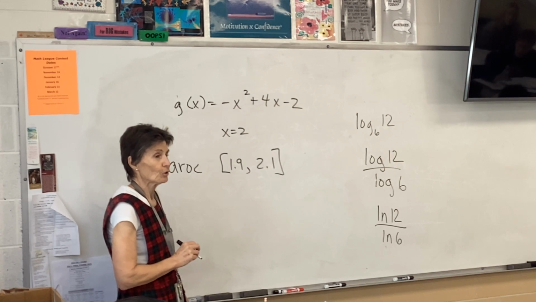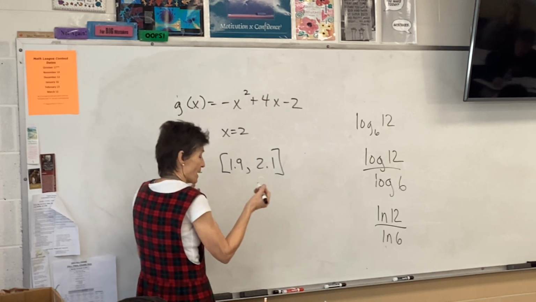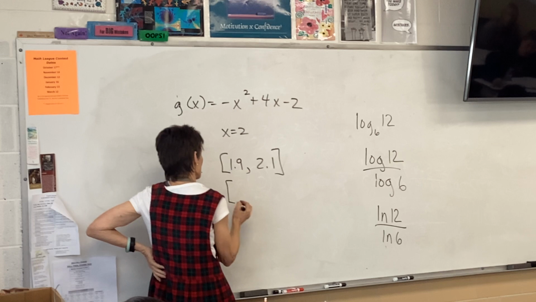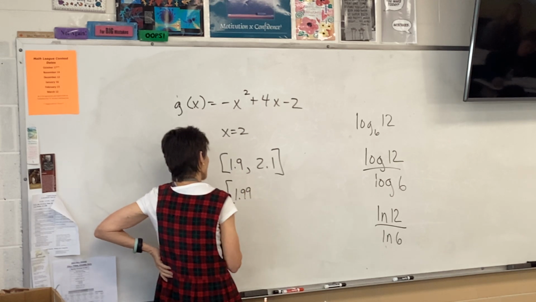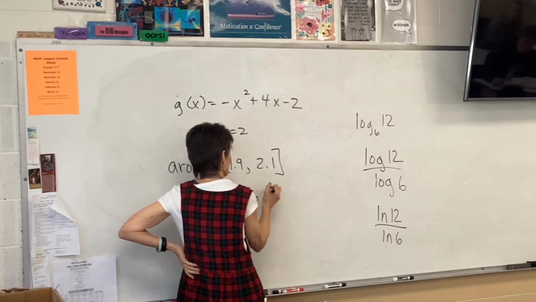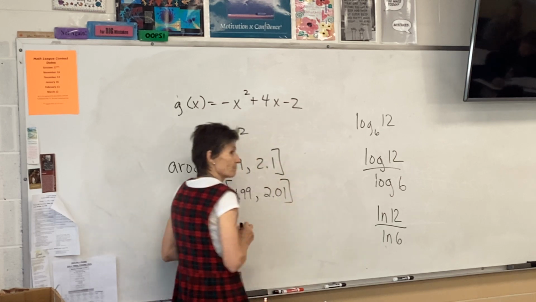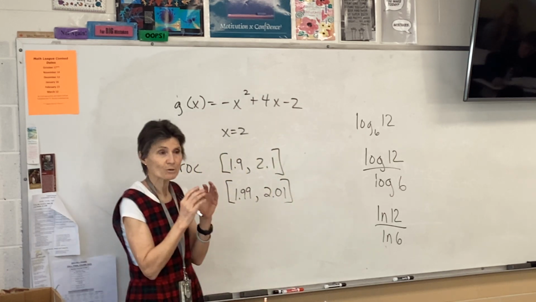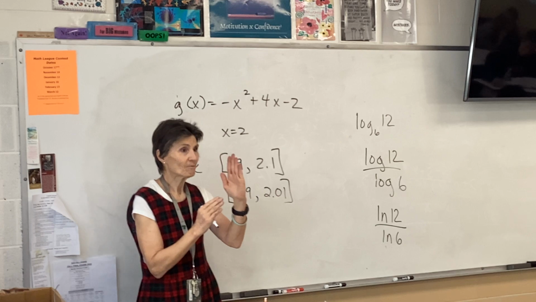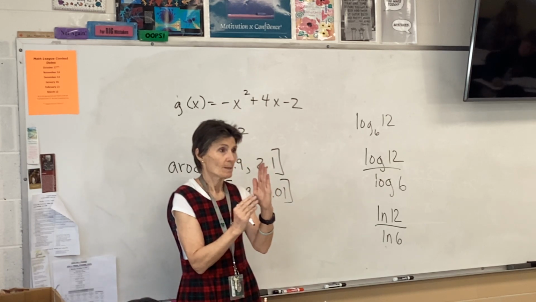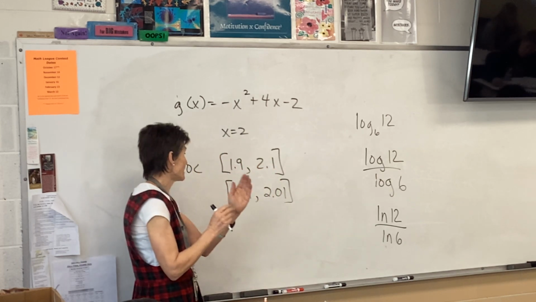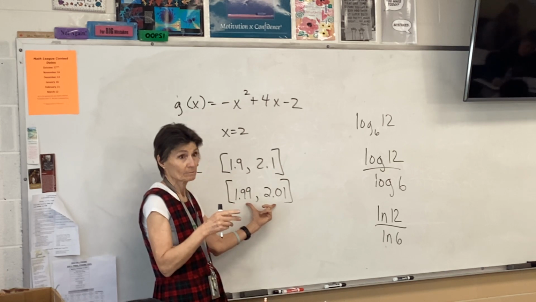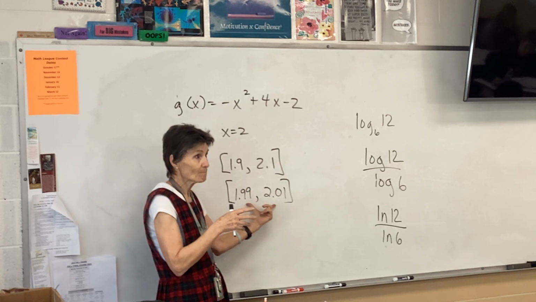Yep. Could you also find the average rate of change on the interval from 1.99 to 2.01? In other words, you see what I'm doing? I want to find it at 2. But to do my average rate of change, I actually need 2 numbers, f of b minus f of a.